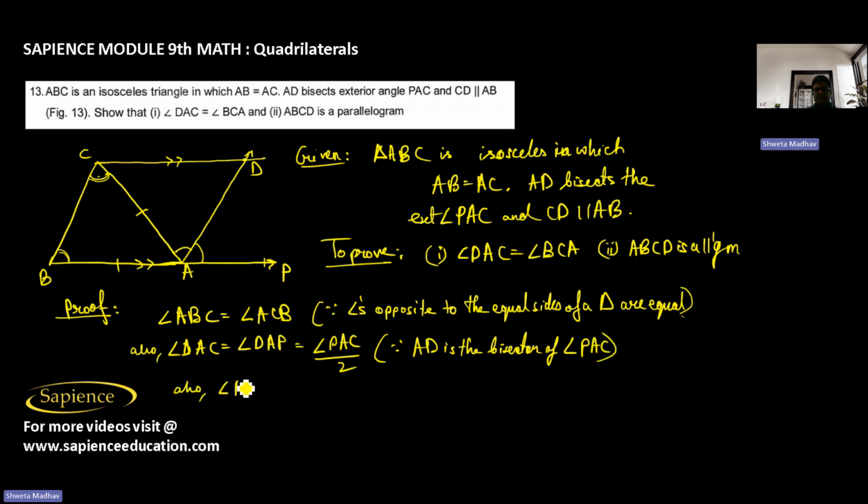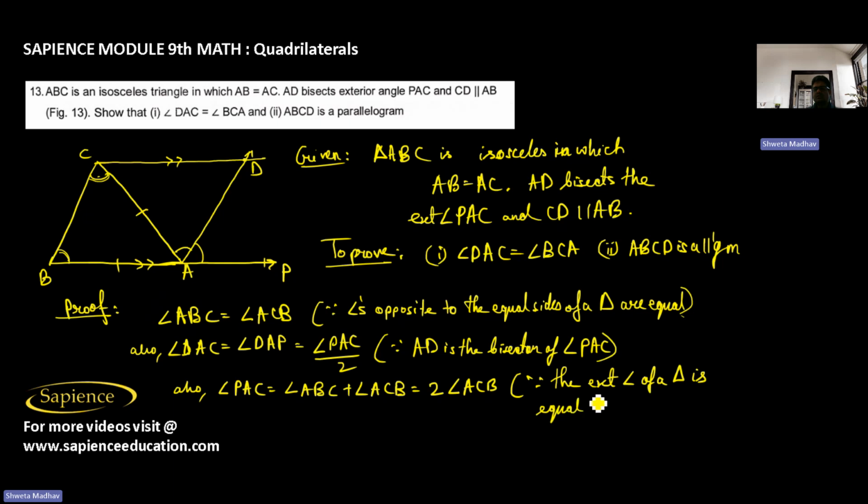Also, we can see that angle PAC is equal to angle ABC plus angle ACB, which is equal to twice angle ACB, since the exterior angle of a triangle is equal to the sum of the two opposite interior angles.